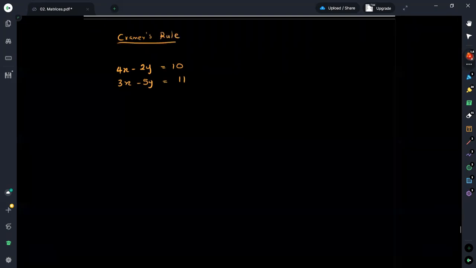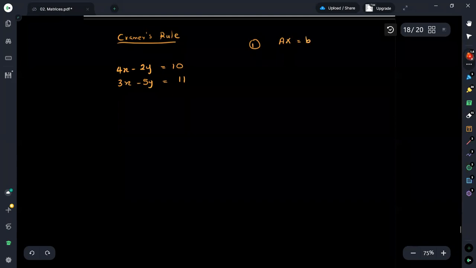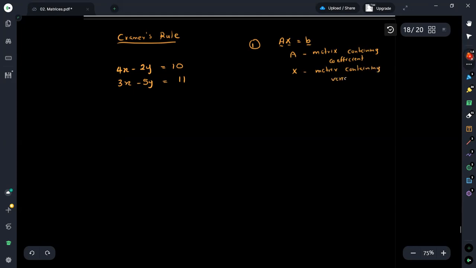When we are going to use Cramer's rule, the first thing is we need to convert this into the form AX equals B, where A is the matrix containing the coefficients, X is the matrix containing the variables, and B is, anyhow, a vector, but I will say it is a column matrix.